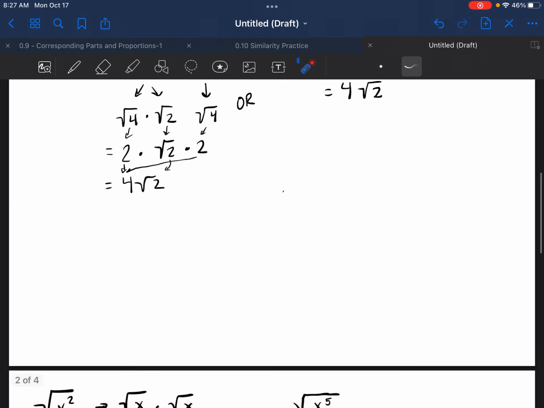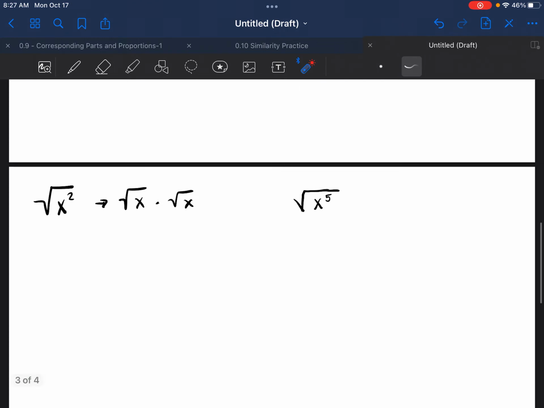Because I know that the square root is just two identical numbers multiplied together. So the square root of x times the square root of x is just x. So the square root of x squared is x.